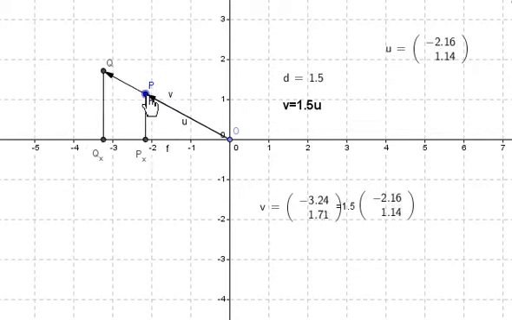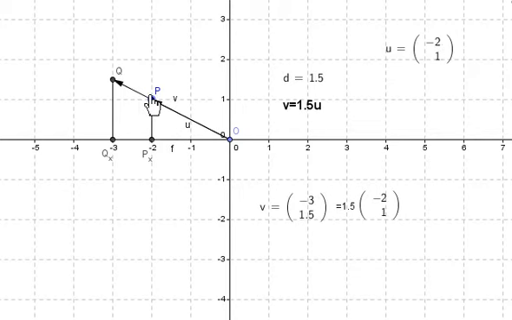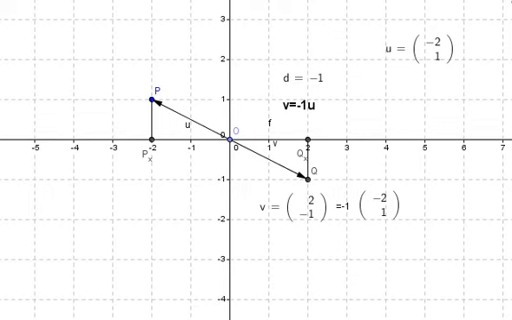Now let's move the point here, and let's see what happens if we multiply the vector by a negative number, here by -1. And once again we can see that we have two similar triangles.